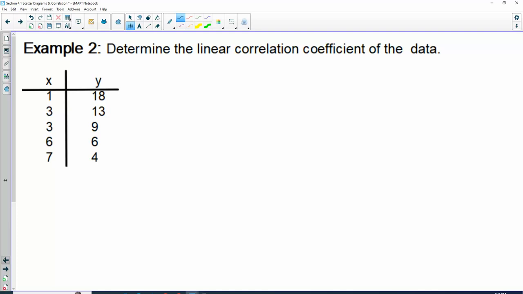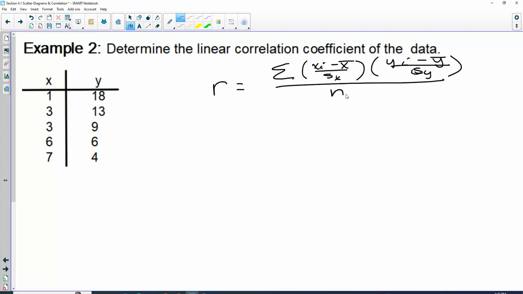So the formula for my correlation R is the sum of x minus the mean of x divided by the standard deviation of x, times y minus the mean of y divided by the standard deviation of y, over n minus 1.